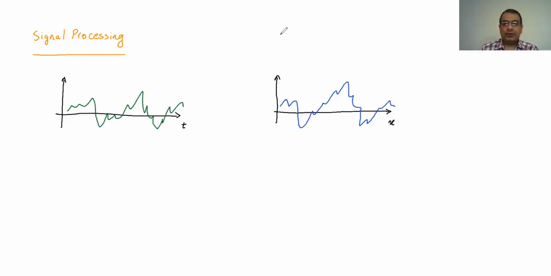So if I say, okay, this is the signal I have here, as a function of time, then sometimes, and I will show that, I can convert it from the time domain into the frequency domain.